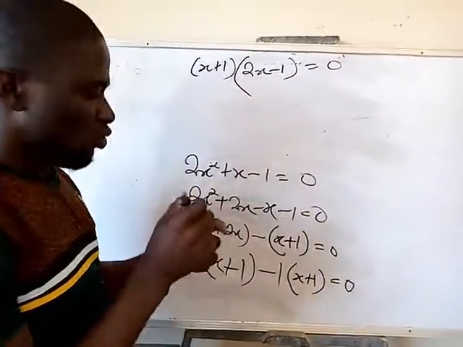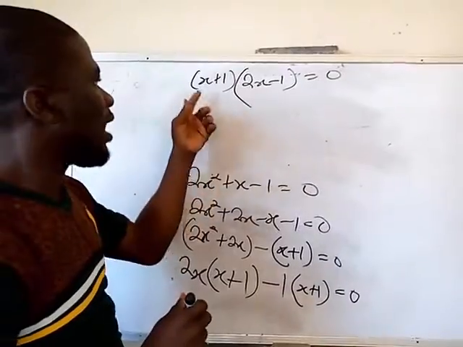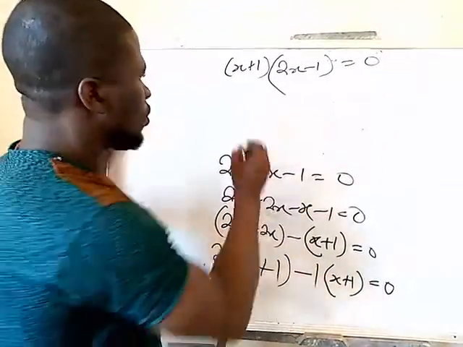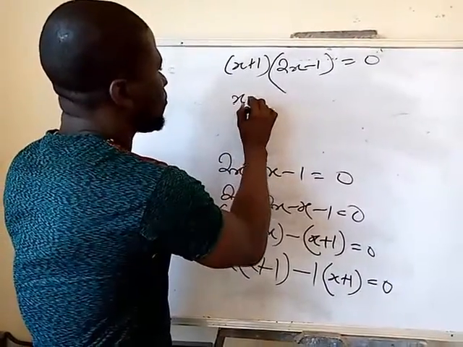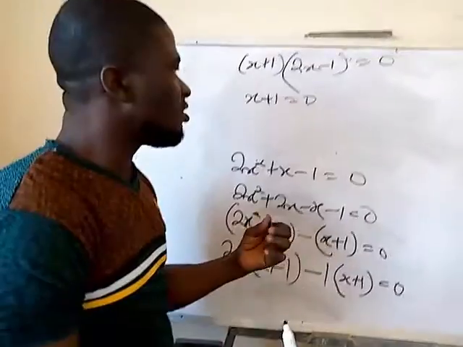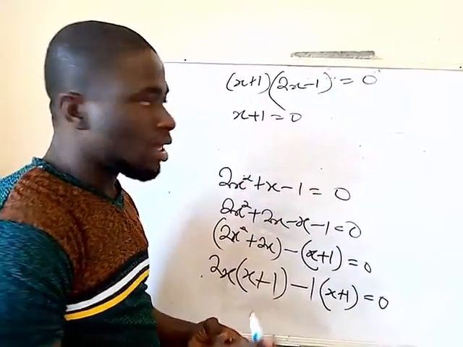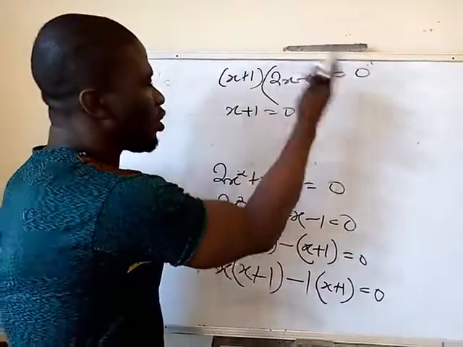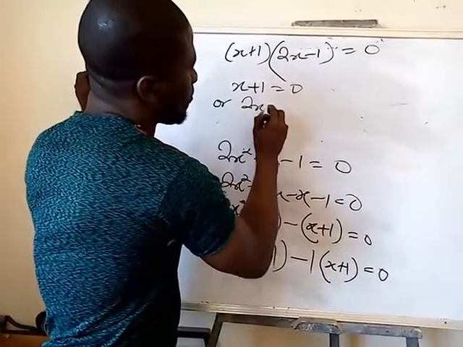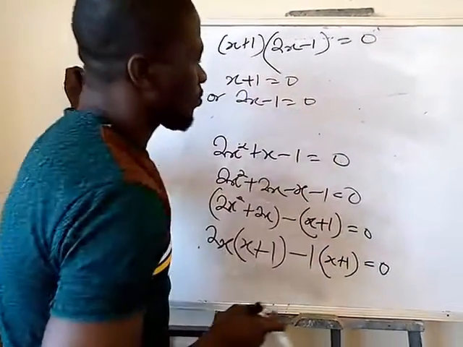So 2x minus 1 now and the x plus 1, either of them is equal to 0. You have x plus 1 equal to 0. Remember, our main purpose of solving this is to find the value of x. This plus this is equal to 0, or 2x minus 1 equal to 0.